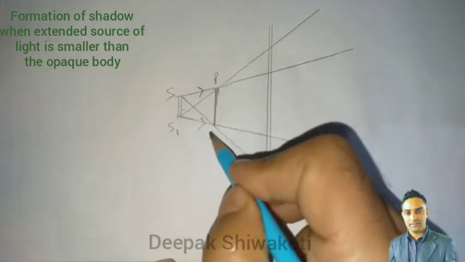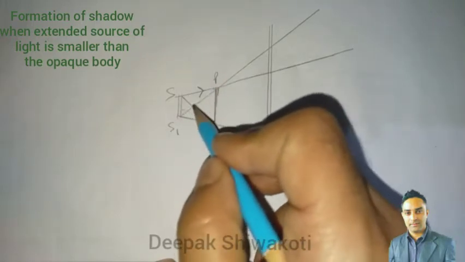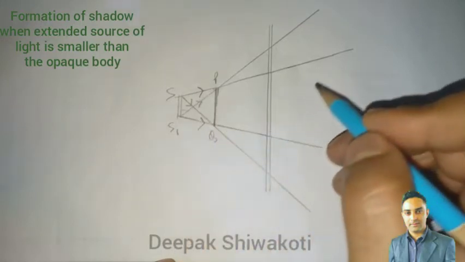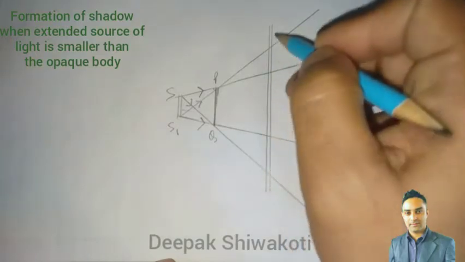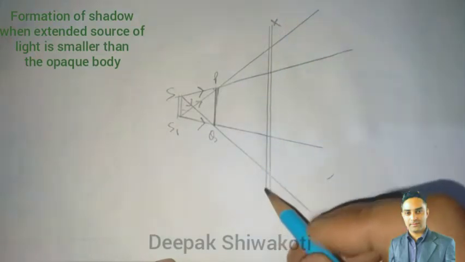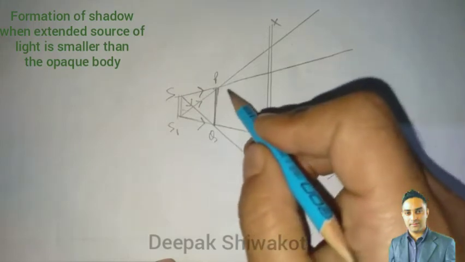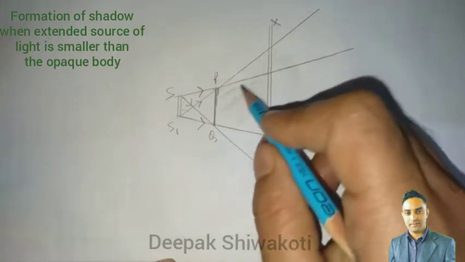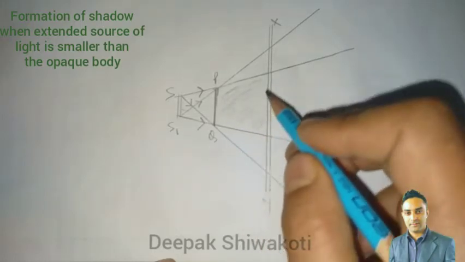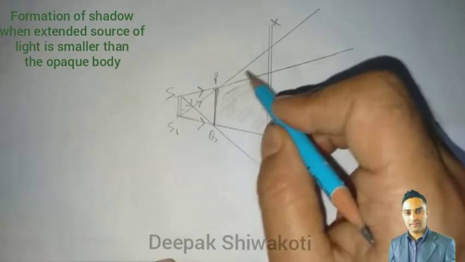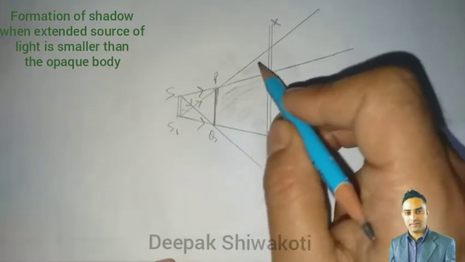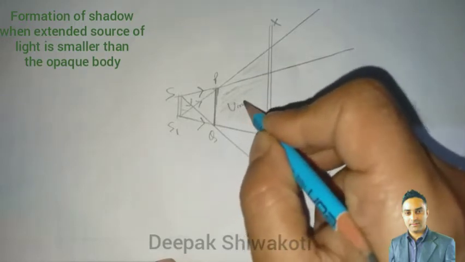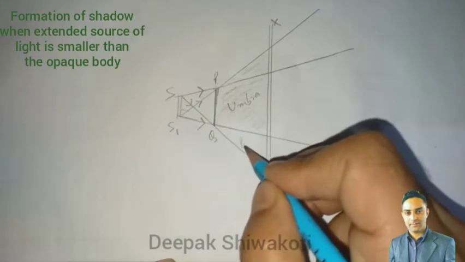PQ is the opaque body, and these are the rays. This is the screen, give it as X and Y. This region is the umbra region, which is darker than the penumbra region. And this one is the penumbra region, where a shadow is formed but it is lighter than the umbra region. So this one is umbra and this one is penumbra.